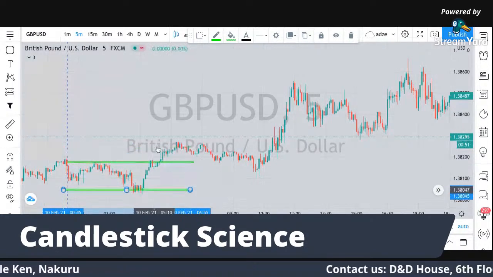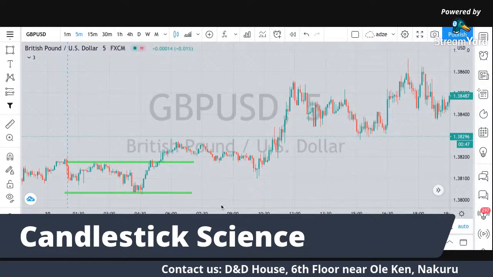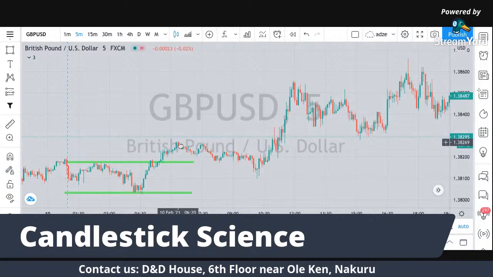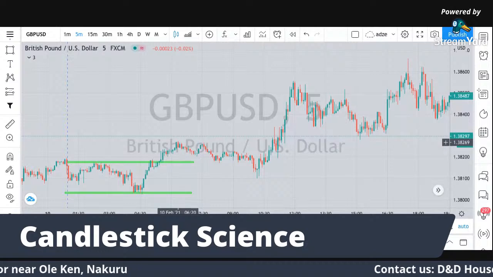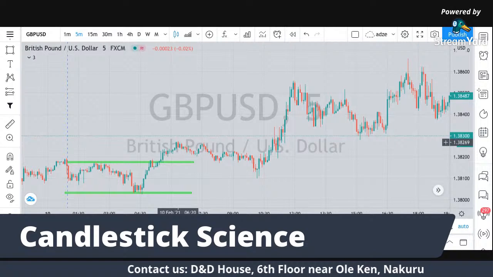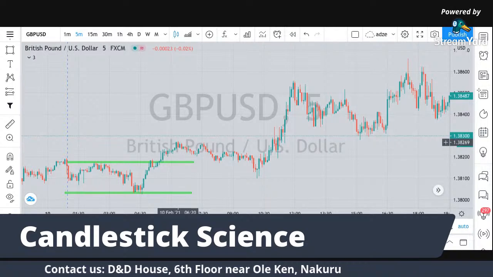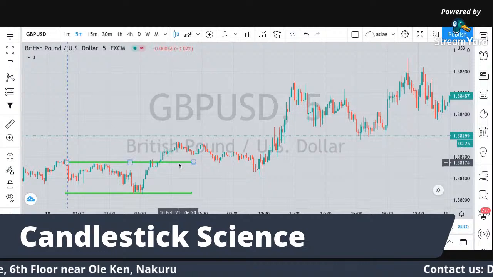This was the low that was created during the Asian session. The way a high is validated is usually through retest. When price has retested a particular high, that's when we call it a high. So this particular zone was tested and broken.